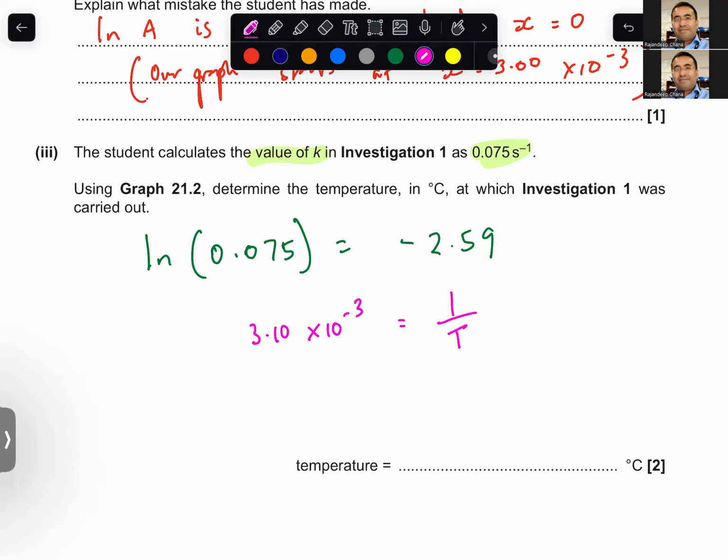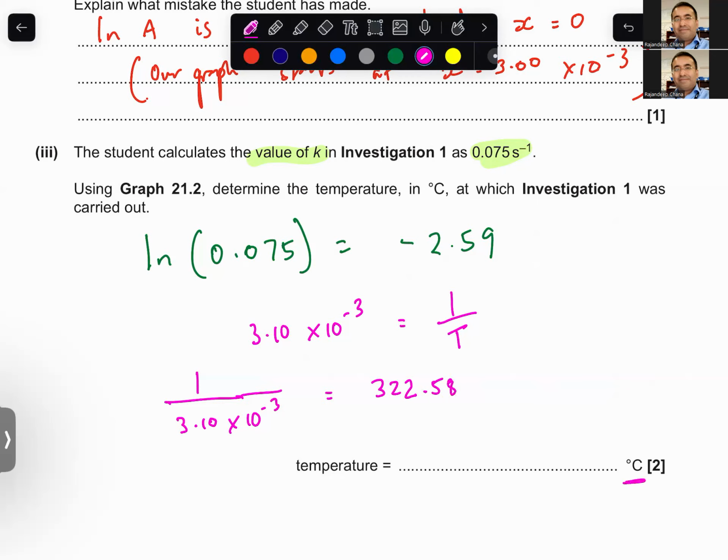And we then take the inverse of that, meaning 1 divided by 3.10 times 10 to the minus 3. That gives you our answer. 1 divided by that gives us 322.58.